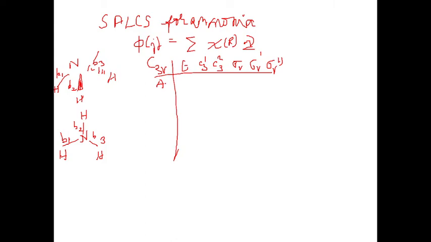The character table will be of the form A1, A2 and E. So for A1 it's going to be 1, 1, 1. For A2, all these we know, and for E it's going to be this one.